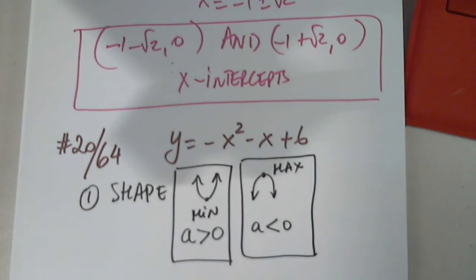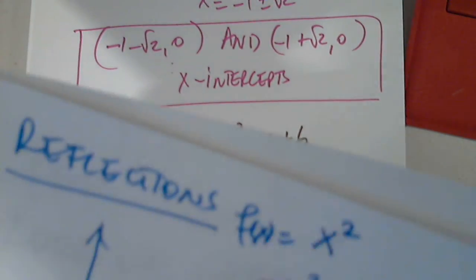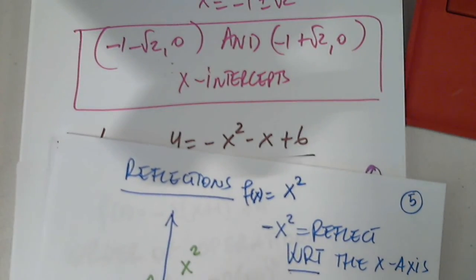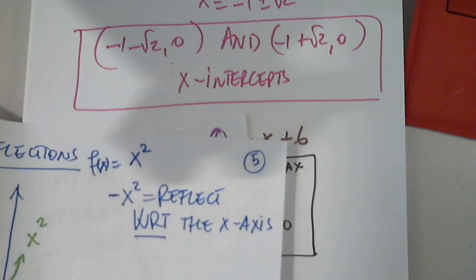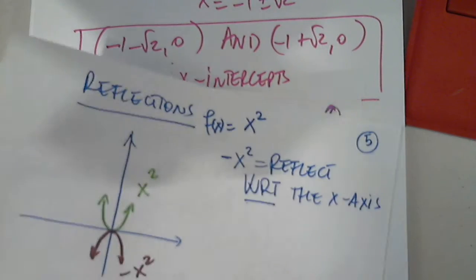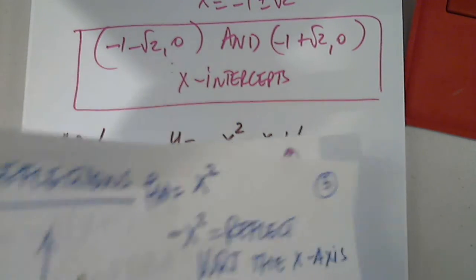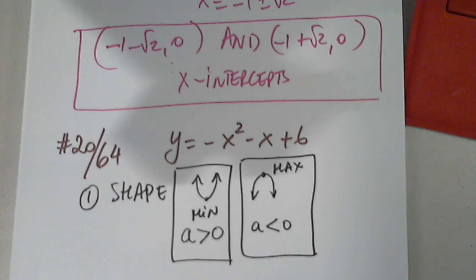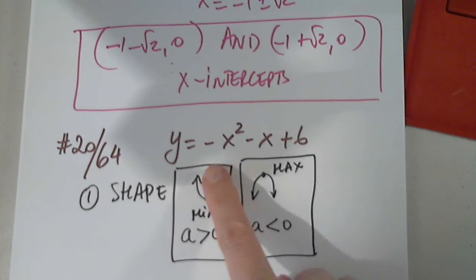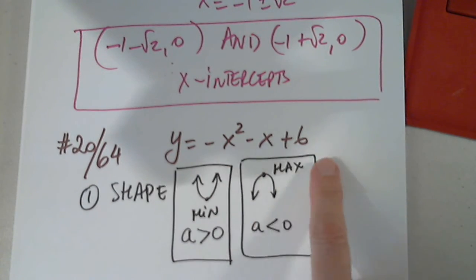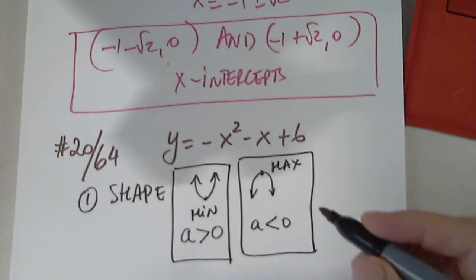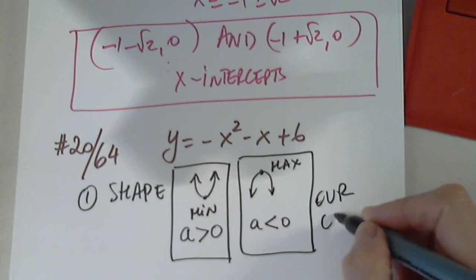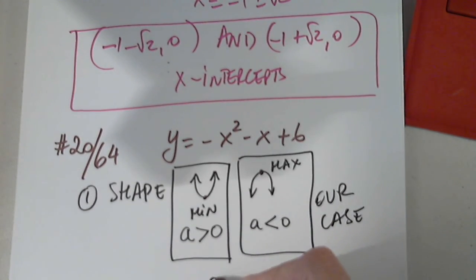Did we have an example of each? Yes, we already did. This one had a positive leading coefficient, 1. This one had a negative leading coefficient. It has a maximum. Good. So I identify this is in the correct descending order. I identify the leading coefficient as being negative 1, so this is our case. The parabola will have a maximum.